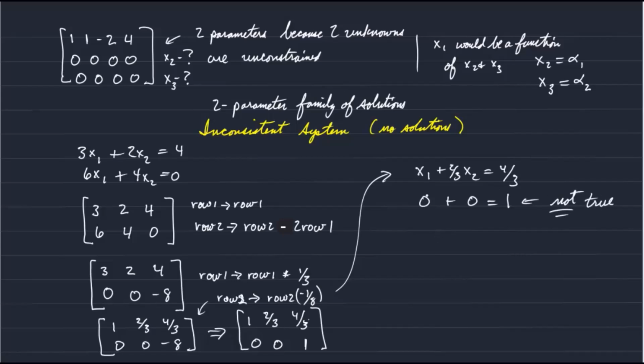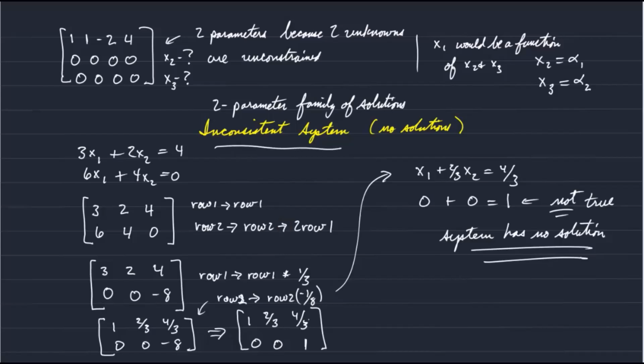Given that we end up with a false statement, this tells us that our system has no solution. It was inconsistent.